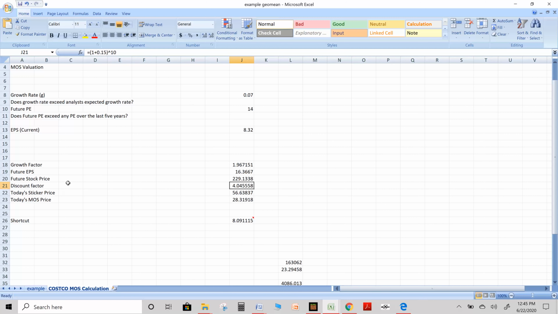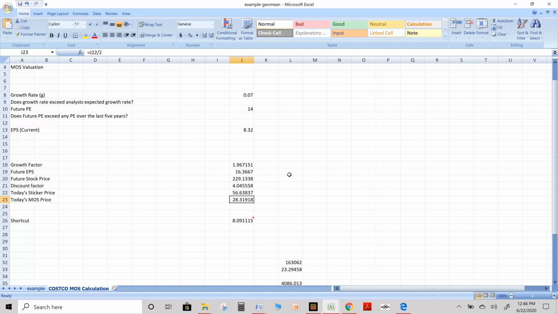Then I simply divide the future stock price by my discount factor to get today's sticker price, which is about $56.64. And then for my margin of safety, I simply take the sticker price and divide it in half. So that's all it is: 50% of the sticker price is the margin of safety price, which is $28.31.